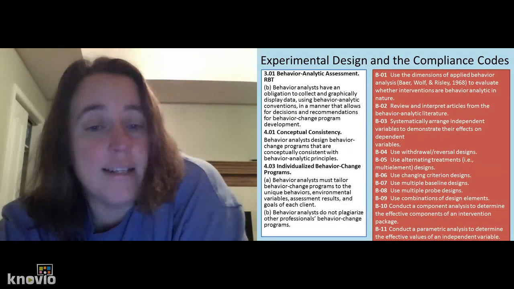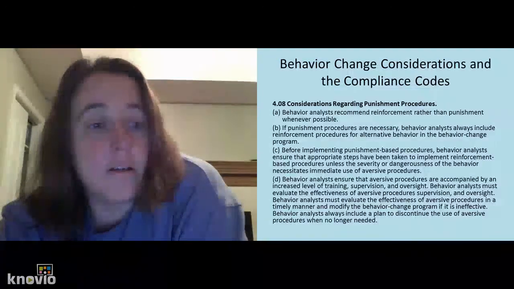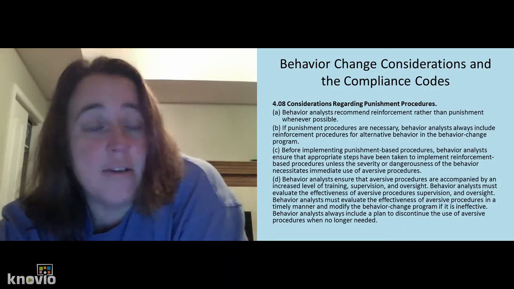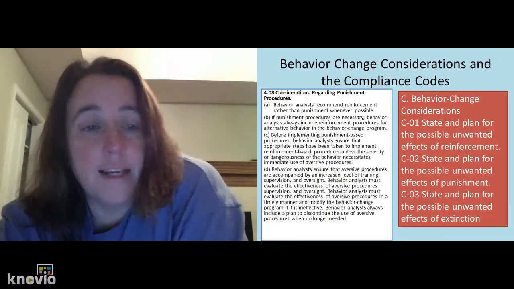Again, here it is lined up next to each other. For behavior change considerations in the compliance codes, you have considerations regarding punishment, and here they are lined up next to one another.